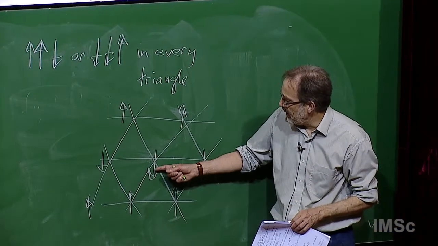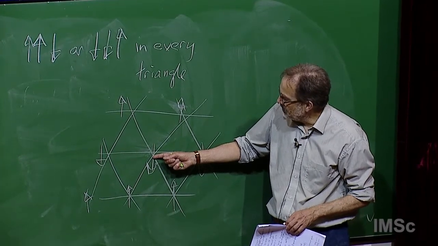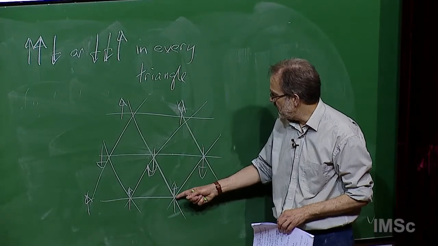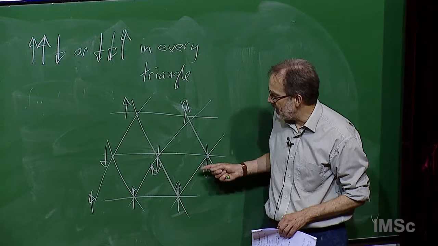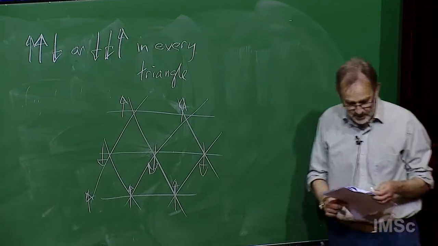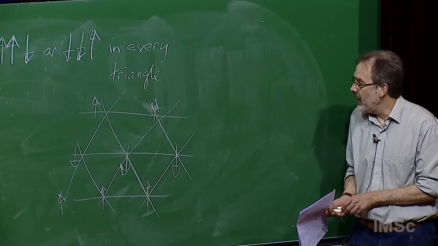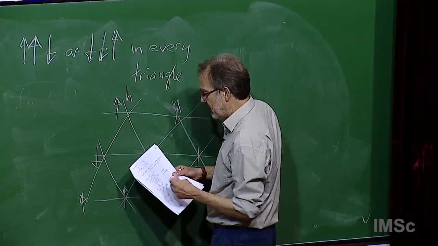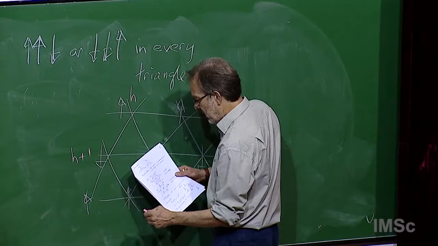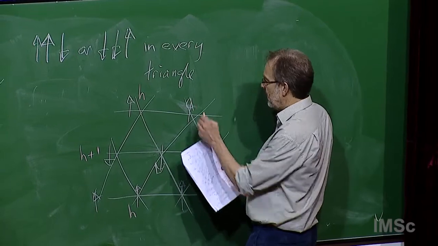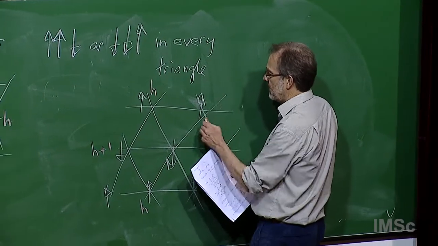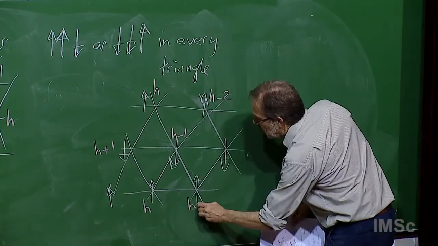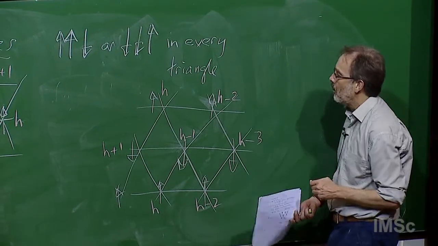But now this spin in the center is not free to flip because it has four neighbors which are up and just two neighbors that are down, so it has a net exchange field which determines its orientation. And if I work out the heights, then I find a height of h plus 1, h, and then I think it turns out to be h minus 1 here, h minus 2, h minus 3.